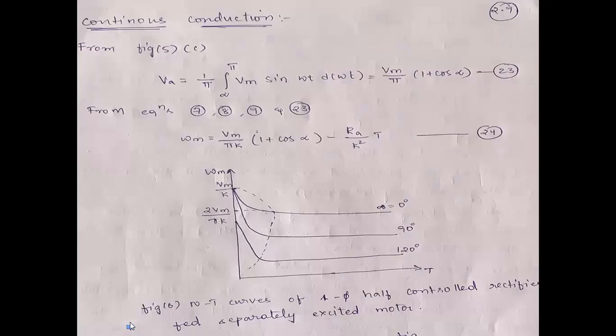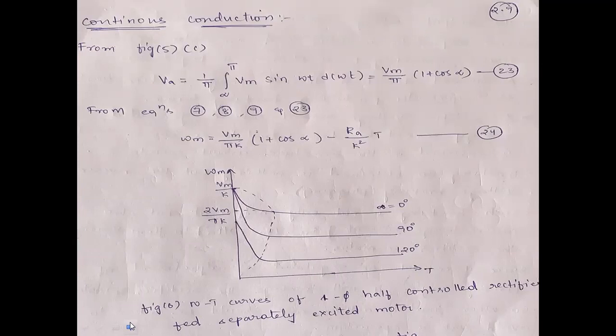Next, coming to the continuous conduction mode. These are the speed torque characteristics of a single phase half controlled rectifier fed from a separately excited motor. From figure 4c, I can write 1 by pi, integral from alpha to 2 pi of Vm sin omega t d omega t, which on integrating gives Vm by pi into 1 plus cos alpha.